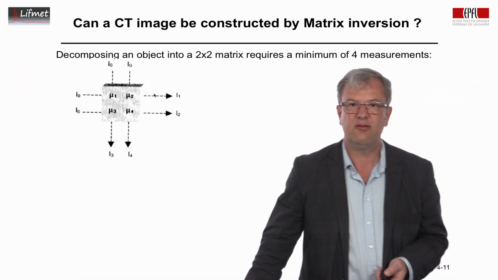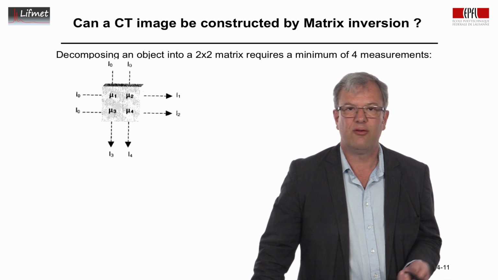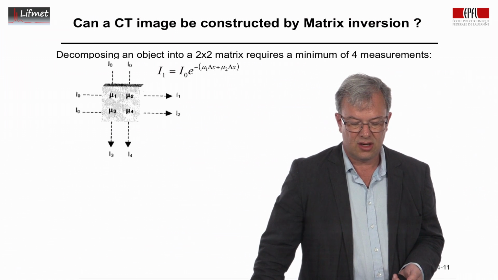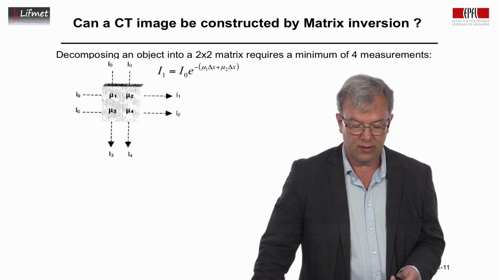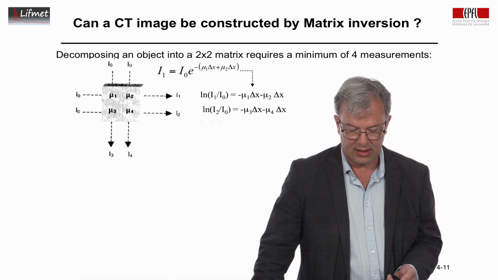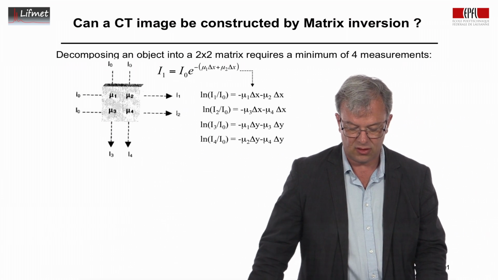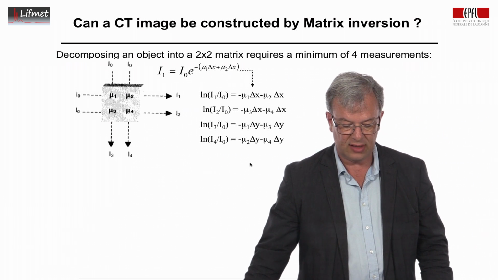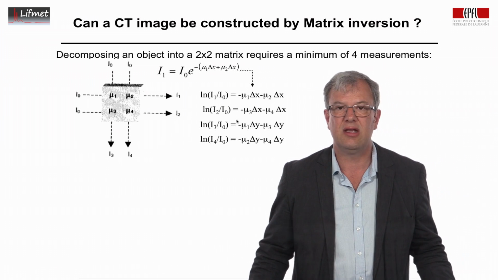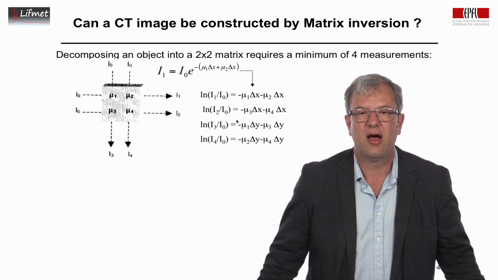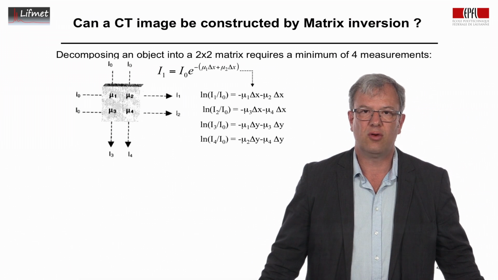And so with these 4 measurements, since we have 4 linear attenuation coefficients to consider, we can calculate the intensities I1, I2, I3, I4. So we can take the logarithm of that, and then we obtain, what do we obtain here? We obtain a set of 4 linear equations with 4 unknowns.